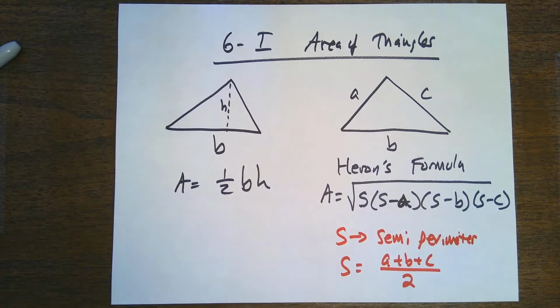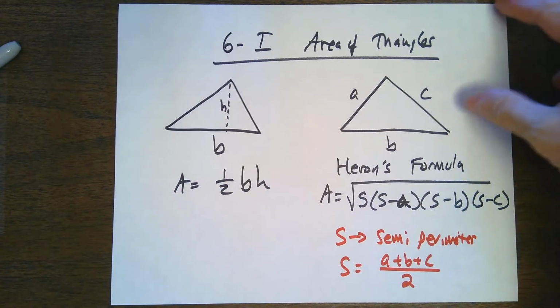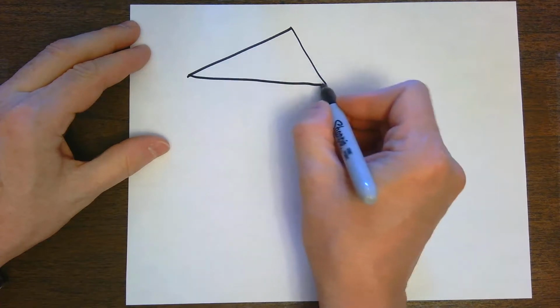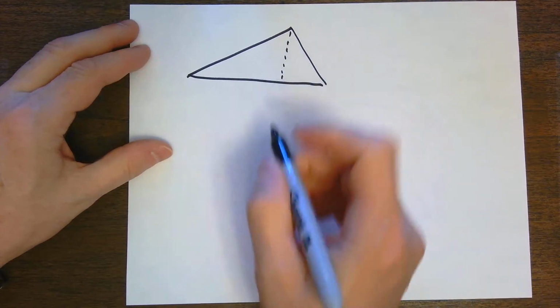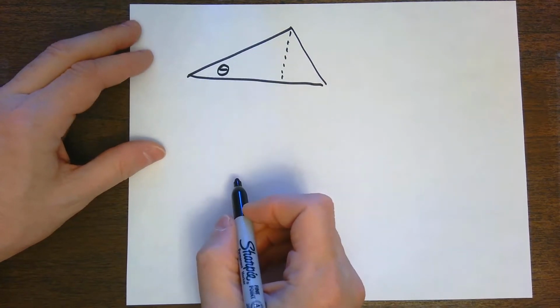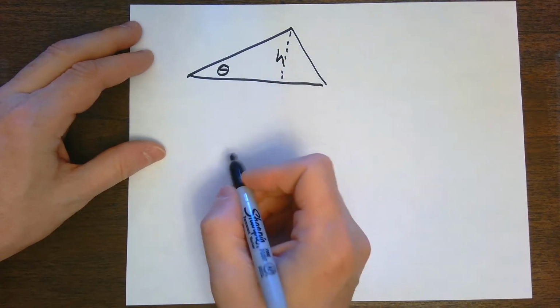But what I'd like to do now is look at a trigonometric version of the area formula of a triangle. Consider a triangle here, and I want to focus on this angle, which I'll call alpha, and the height here.